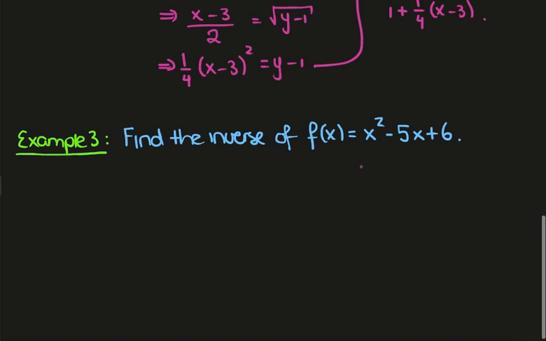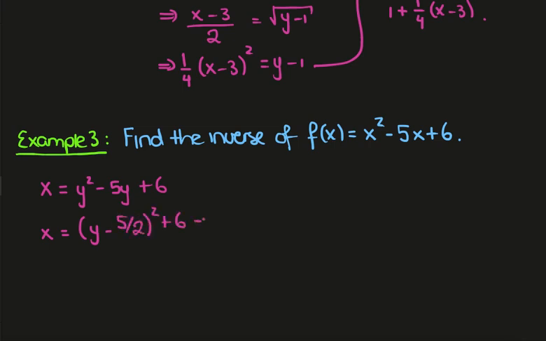Okay, so let's try to invert a parabola. Here we have to be more careful because you can't separate the x's without first completing the square. So what we want to do is write x is equal to y squared minus 5y plus 6. And then we're going to complete the square. So x is equal to y minus 5 on 2 squared plus 6 minus 5 on 2 squared.